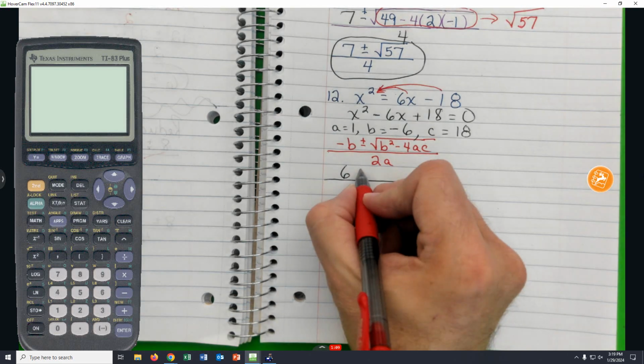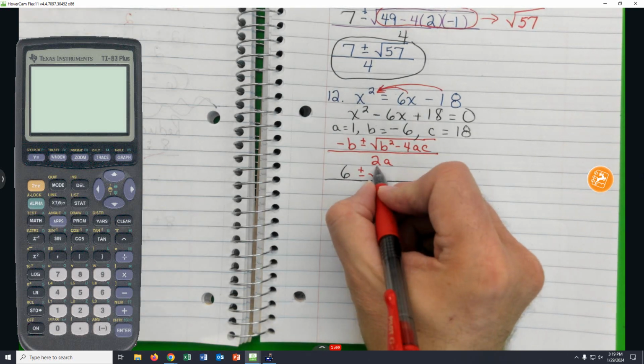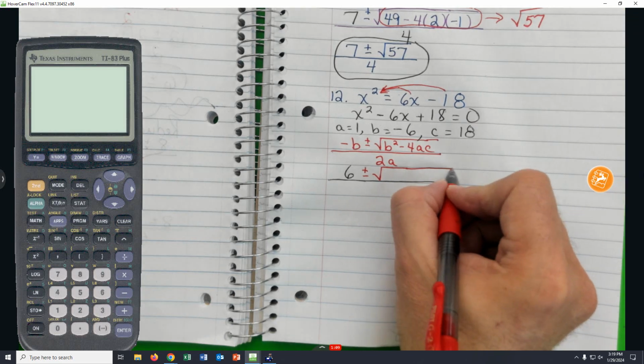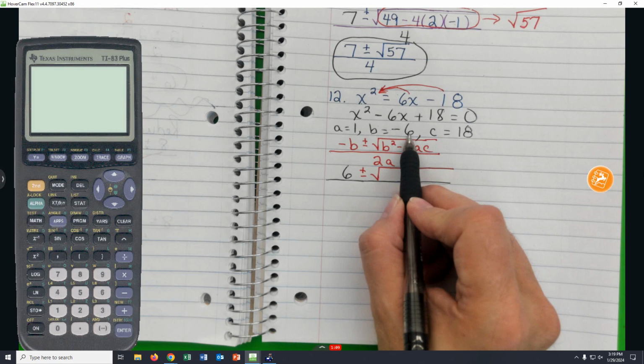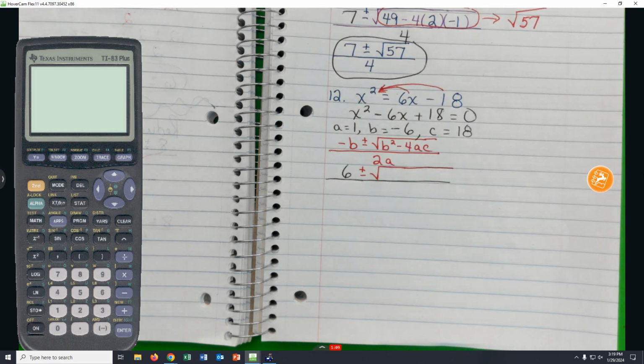Plus or minus the square root. b squared. What's negative 6 times negative 6? 36.